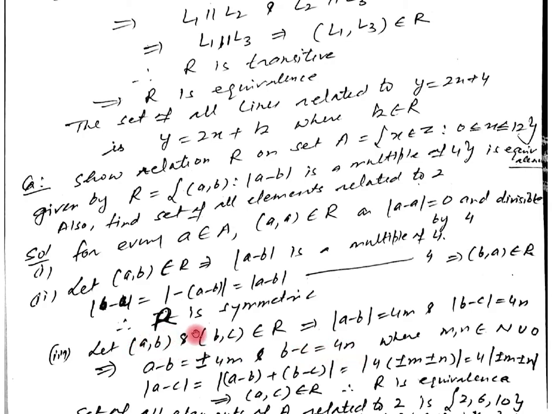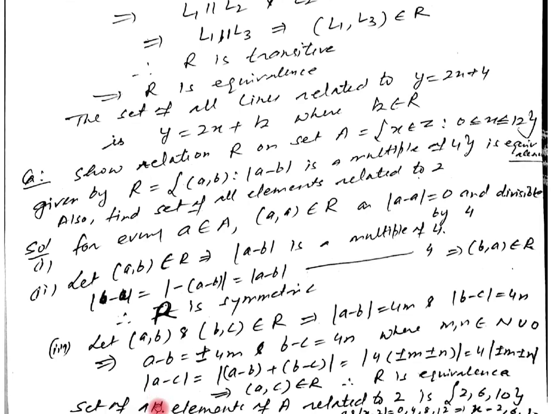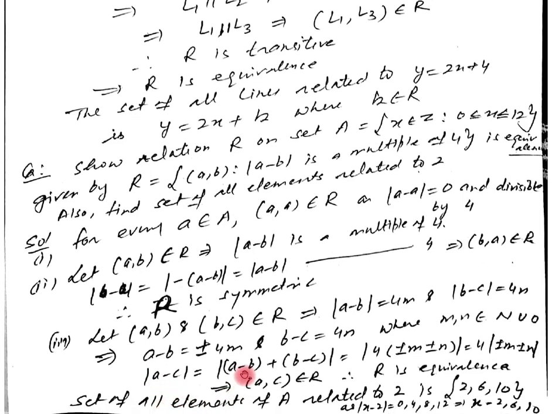Now we have to consider (A, C). The modulus of A minus C can be written as modulus of (A minus B) plus (B minus C), because A minus C can be written as A minus B plus B minus C. Putting the values of A minus B and B minus C here, 4 is common, plus or minus m plus or minus n. We can take 4 outside.